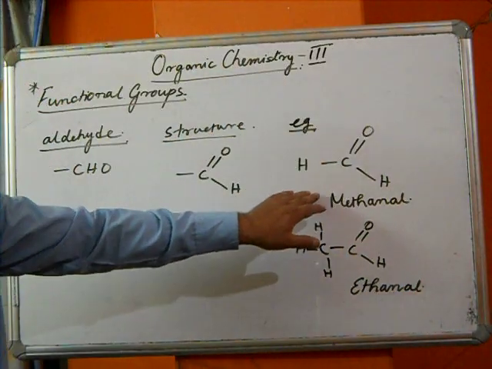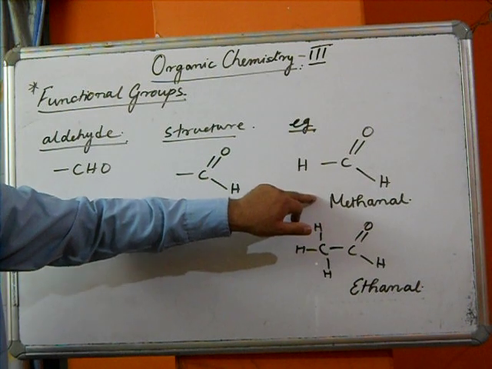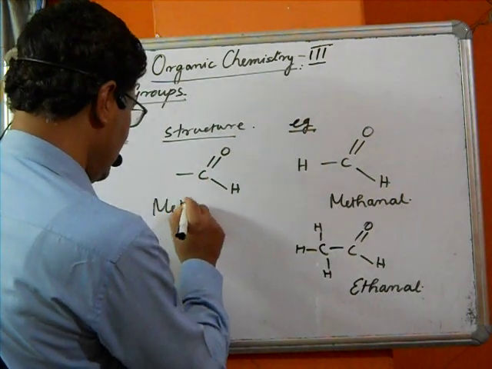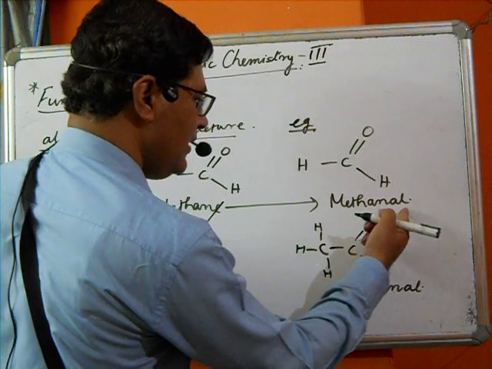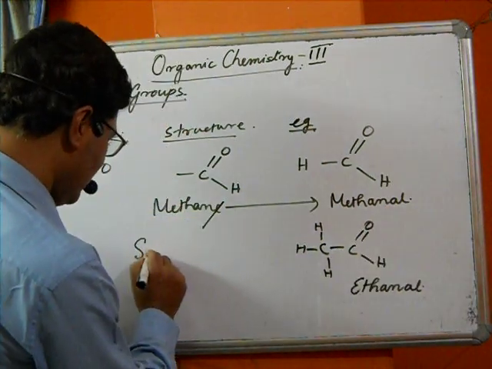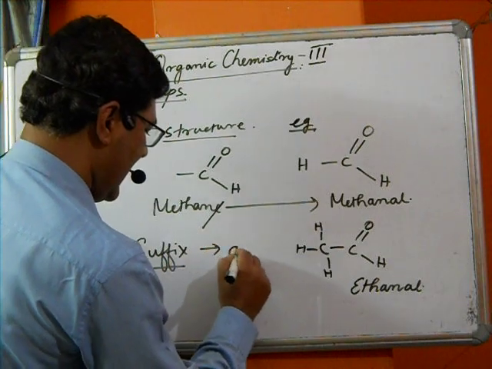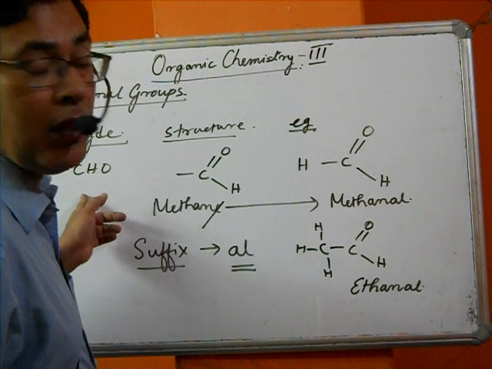Now, see, the original molecule was methane. So from methane, M-E-T-H-A-N-E, E is cancelled and it has come to methanal. So the suffix over here is A-L. For OH it was -ol.